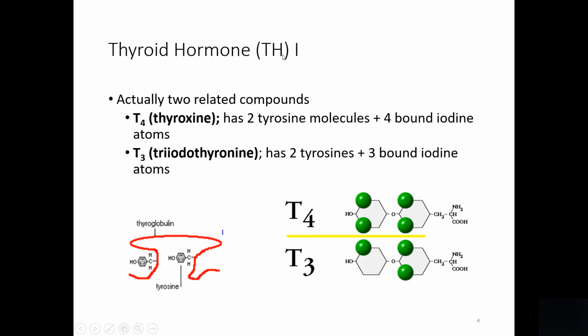Thyroid hormone, or TH. There are 2 related thyroid hormones, 2 complex molecules. One of them is called thyroxine, or T4. It is made of 2 tyrosine molecules and 4 iodine atoms, 1, 2, 3, 4.